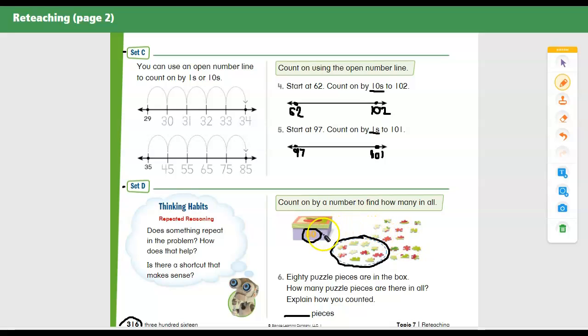Don't forget, you are counting on from 80 pieces and adding the loose pieces together as well. When you find your answer, you will write it below in the blank for number 6.